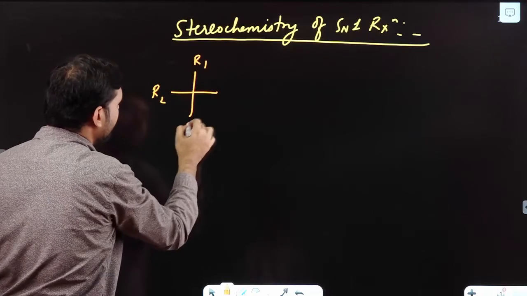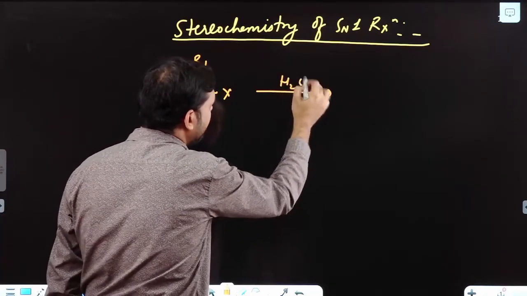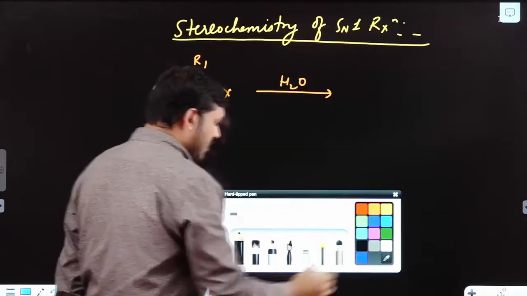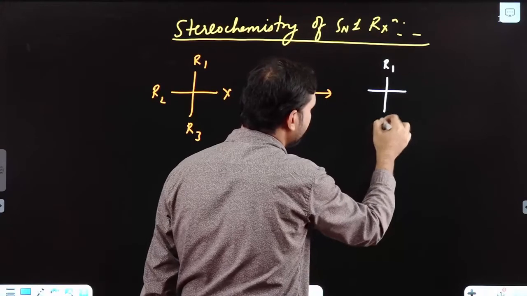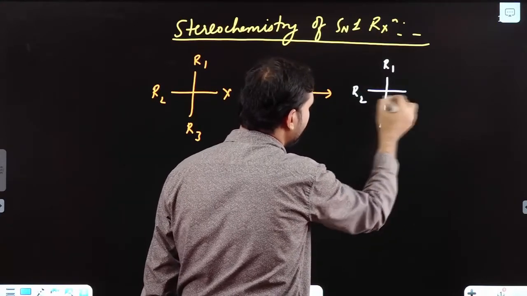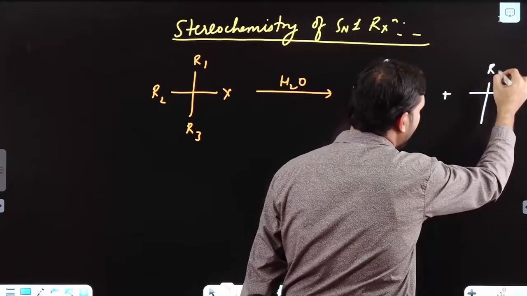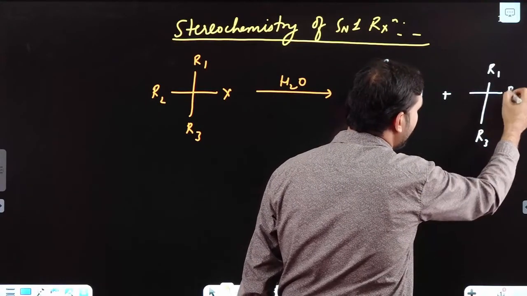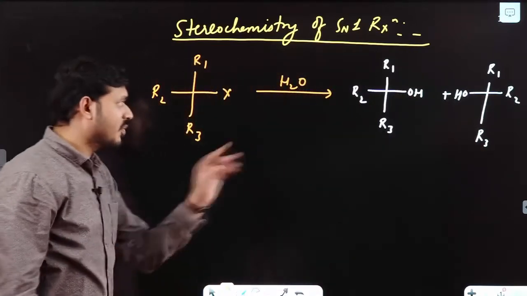R1, R2, R3, and this is halogen. You take water. Here you get two products. What product? R1, R3 as it is, R2 here, OH here, plus R1, R3, R2 comes this side and OH this side. The two products are generated.